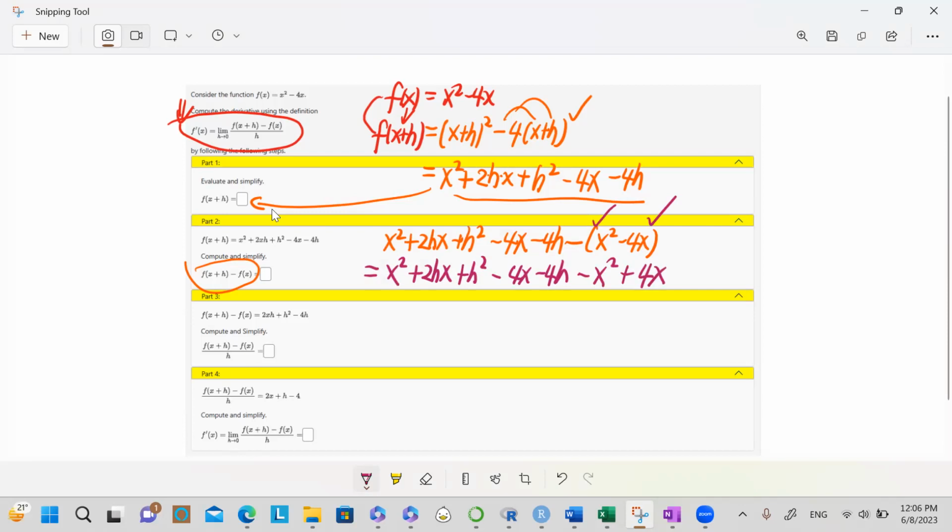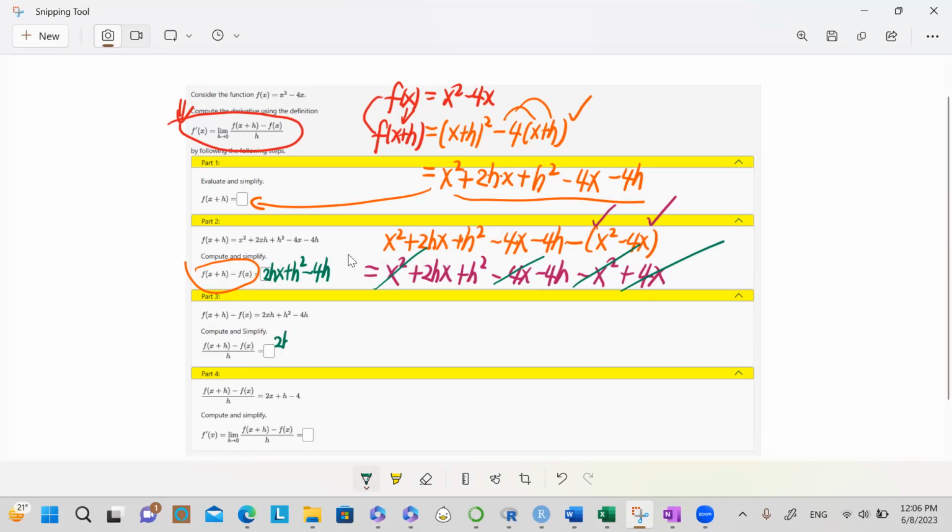Then we cancel terms. Common terms and opposite terms are going to cancel: minus 4x plus 4x. Eventually we just end up with 2hx plus h squared minus 4h. Next step, we're going to divide this whole thing by h.